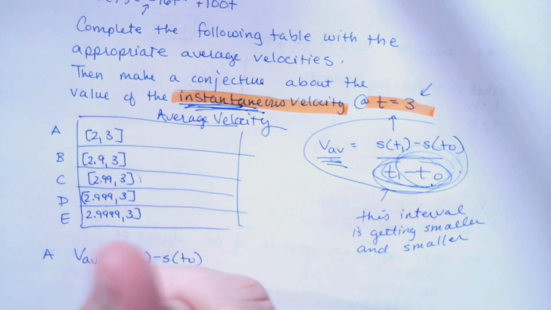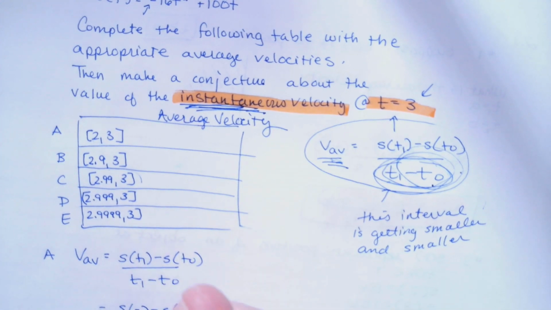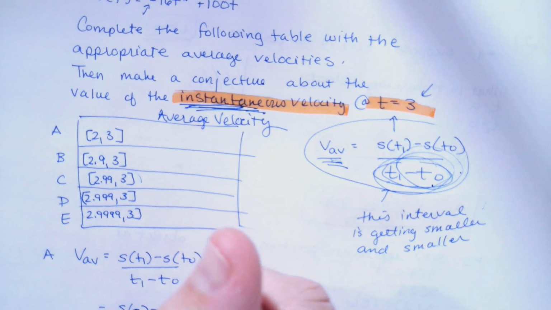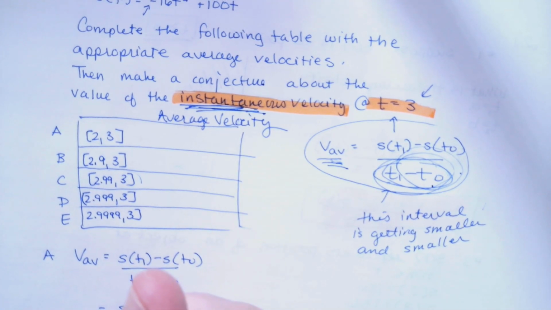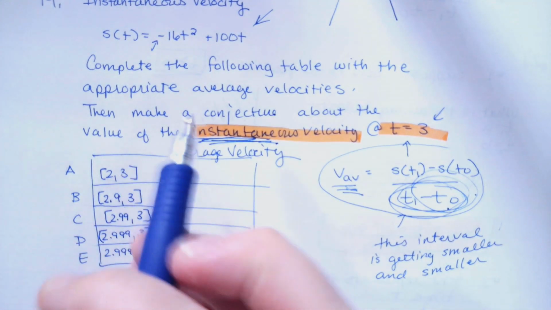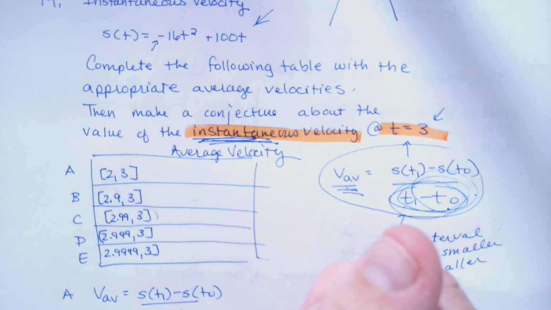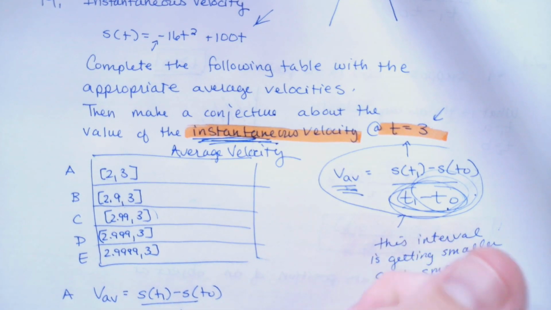So in this situation, we have S of 3 minus S of 2, I'll try to be consistent, over 3 minus 2. Now I'm going to plug this into our function, S of t equals negative 16t squared plus 100t. I'll write that down here so that we have it.